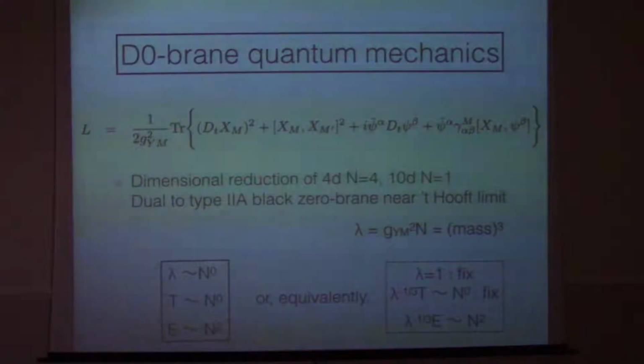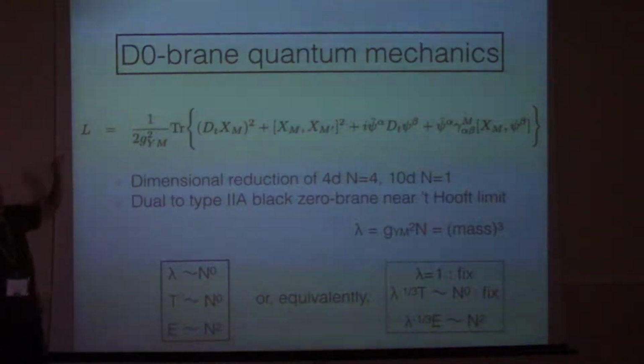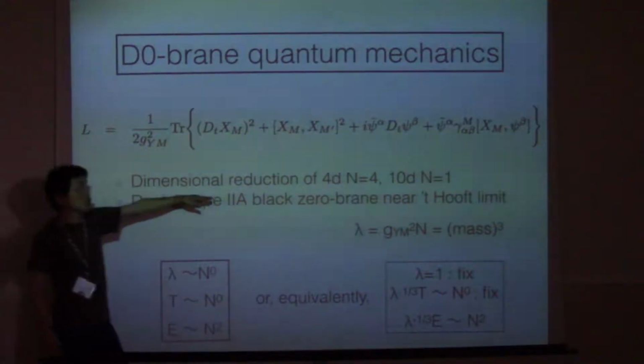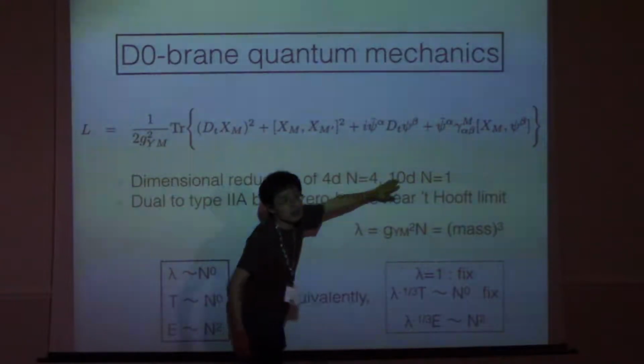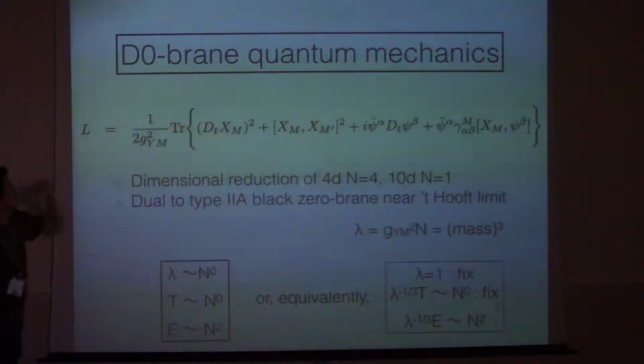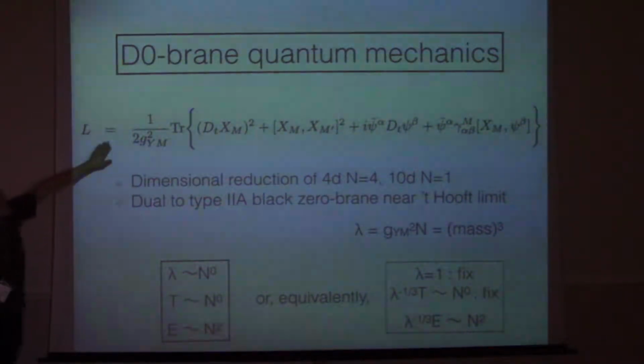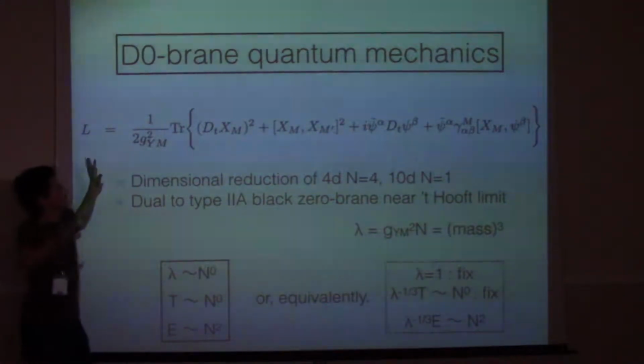And this is the model. The details of the Lagrangian are not important at this moment. But this is just a dimensional reduction of 4D N equals 4, or equivalently, N equals 1 ten-dimensional super Yang-Mills, to 0 plus 1 dimension. So we have a time direction, but the Lagrangian just depends on time, and there is no space.